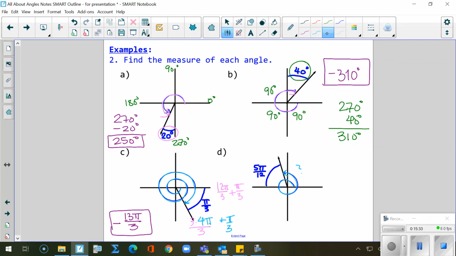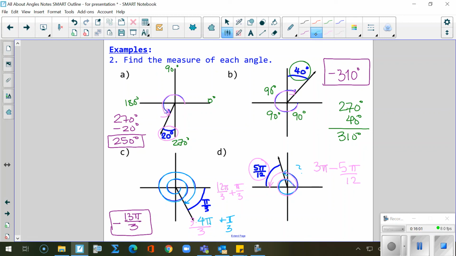Instead, I have to think, based on the given information, 1 pi, 2 pi, 3 pi is bigger than the angle I'm asked to find. So I will take that 3 pi and subtract that portion. You always have to base your math on what information is given.